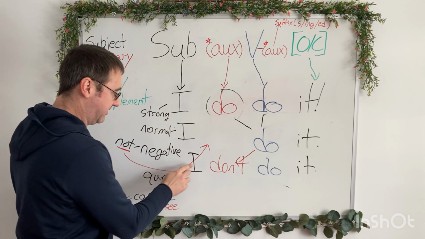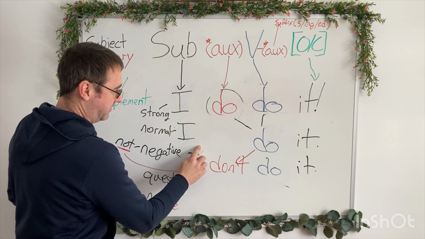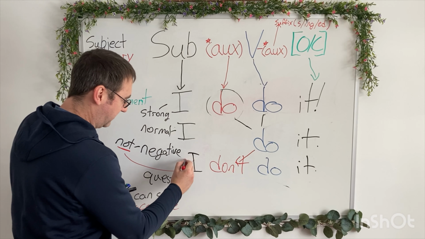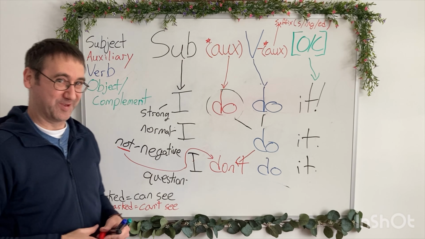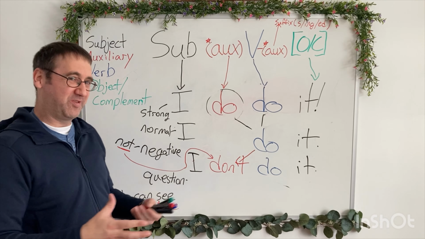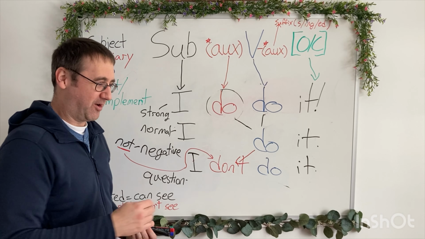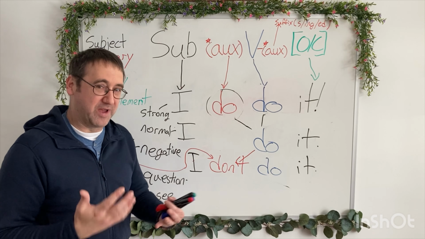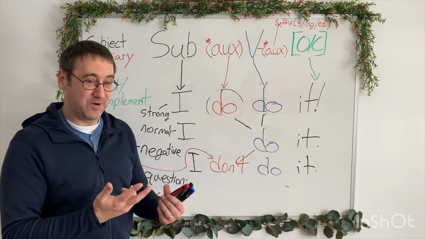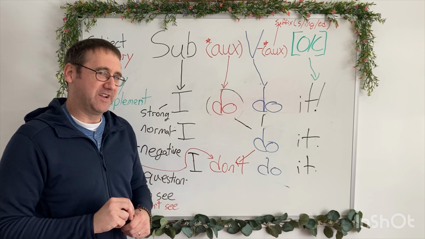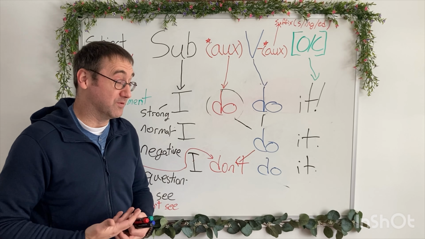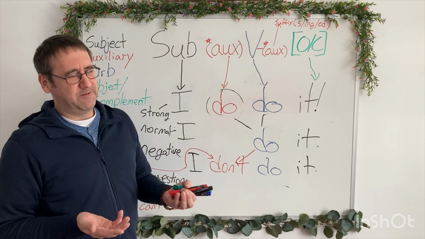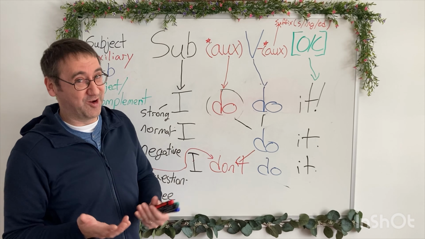Okay, and auxiliaries are used to make questions, right? Oftentimes I'll ask my students, what do you switch when you want to make a question? And they'll say, switch the subject and the verb. And I'm just like, no, right? It's not the verb, because if that was true, I run to school, the question would be, run I to school? And we all know that that's probably not correct.